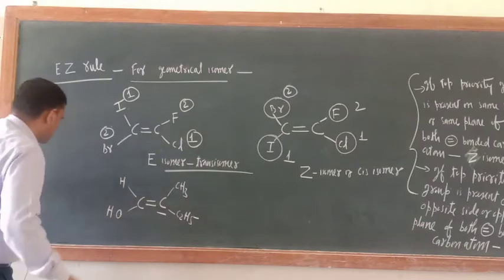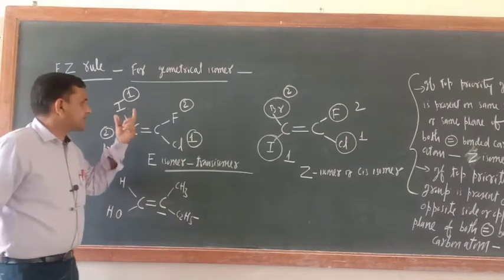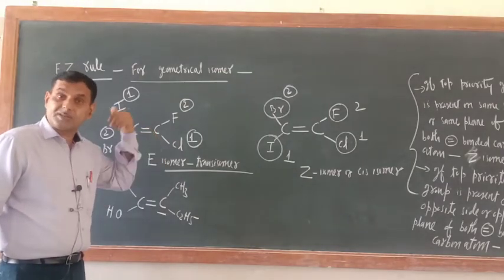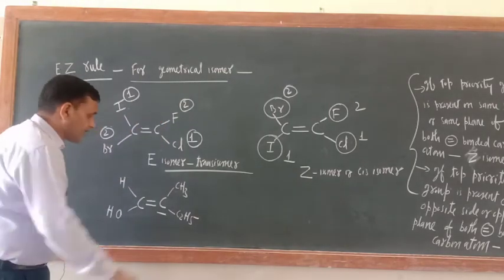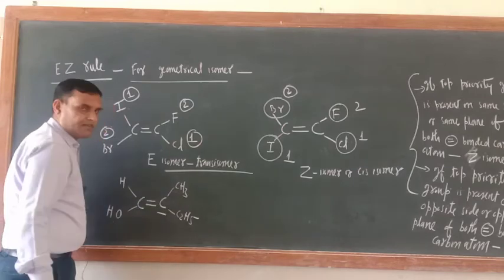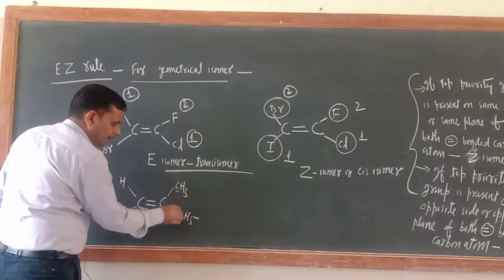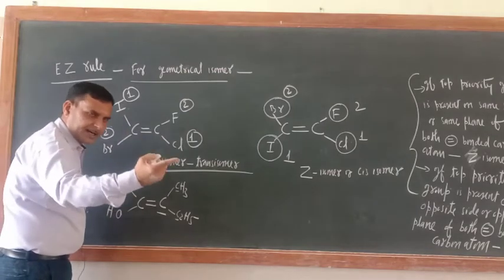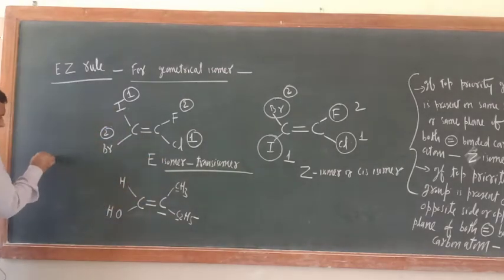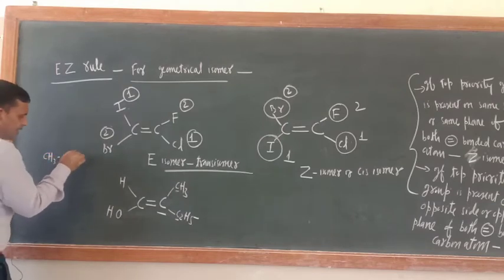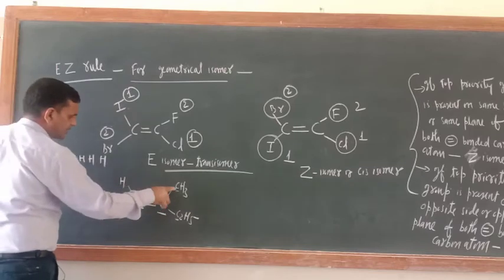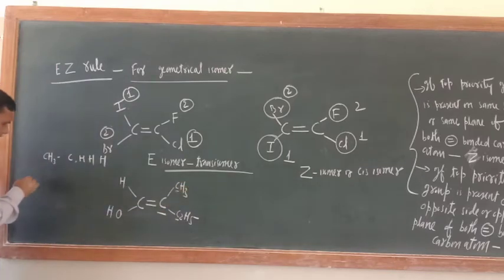Okay, so now this rule, the EZ rule or CIP rule, is based on the first point of difference rule. So now with the help of carbon we can't decide, because here also carbon is there, here also carbon is there. Then let us go for the second atom. So now in CH3 what is there? C, H, H, H. And in C2H5 what is there?